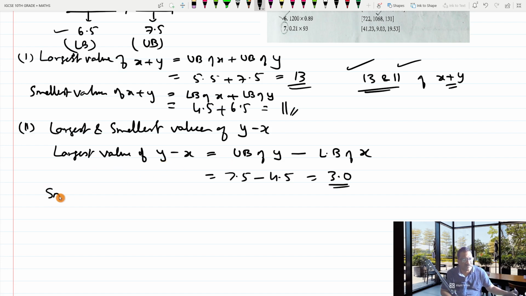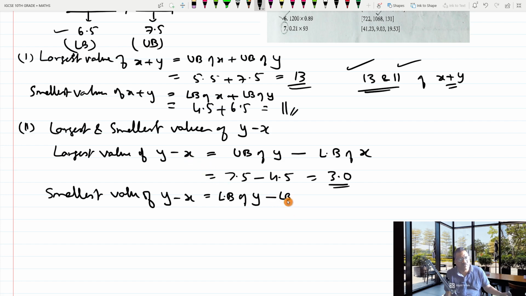Now you have to find out the smallest value of y minus x. Now for the smallest value of y minus x, how will you get this? You will have to take the lower bound of y, minus, again the lower bound of x, isn't it?